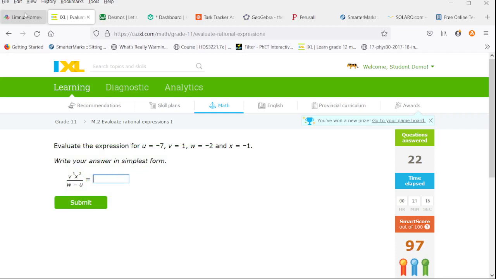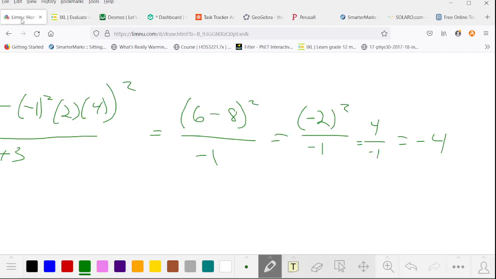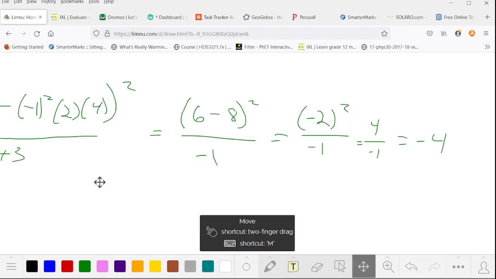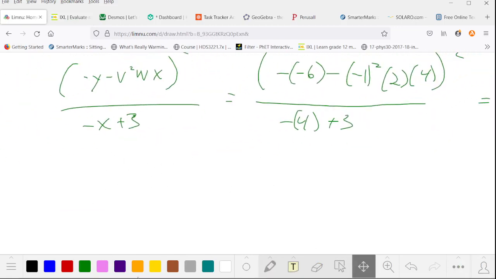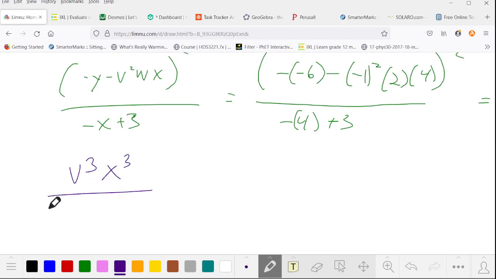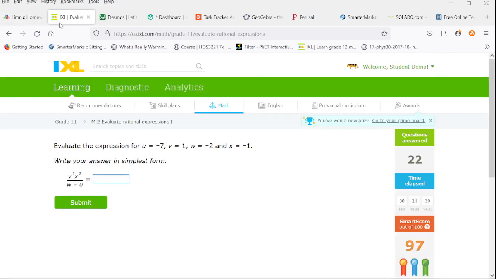Now here we have v cubed x cubed over w minus u. V cubed x cubed over w minus u. So we have a v of 1.